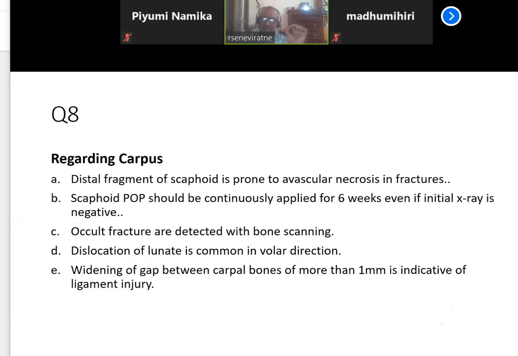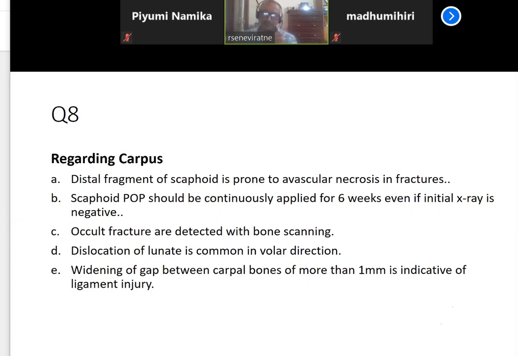But there are many situations where you clinically have a fracture of scaphoid, snuff box tenderness, telescoping sign, on your first examination. X-ray is normal. Then you apply a scaphoid POP for 2 weeks.